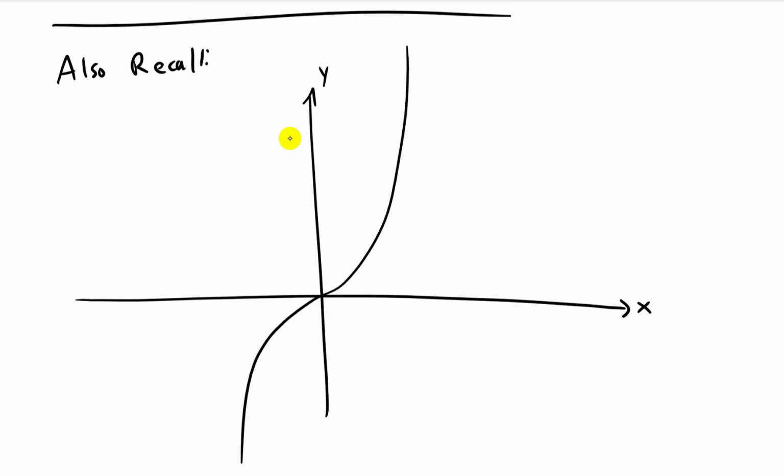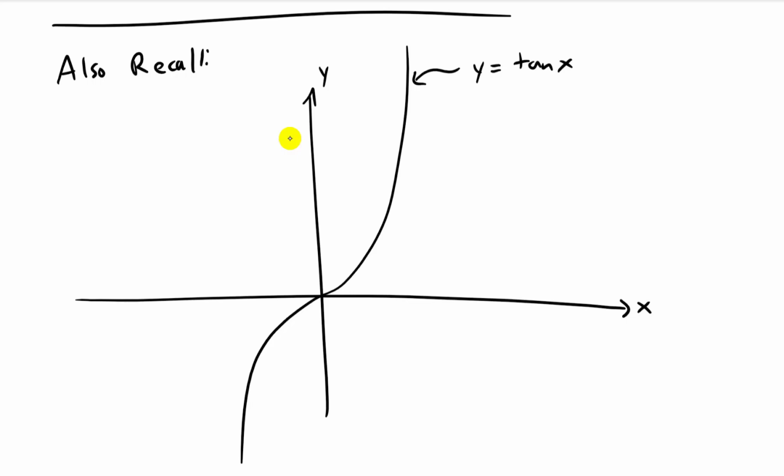So here, this curve right here is our y equals tan of x. I'll start with tan of x. I'll put it over here. So this is y equals tan of x, like that.